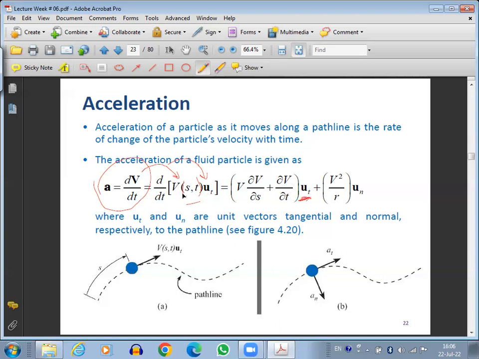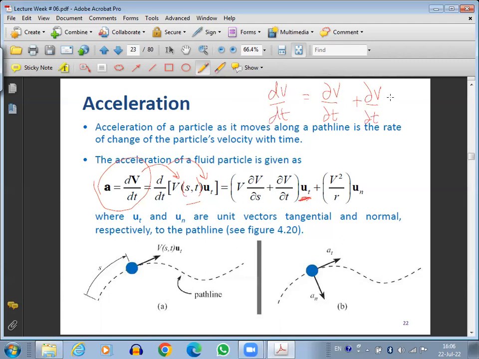There are two terms, ut and v. First take ut constant and take the differential with time of the magnitude. So it should be dv by dt. But we know that v is a function of s and t. So instead of using d, I'm going to use partial derivatives, because there are two factors, right? So I will rather say that it should be ∂v/∂t plus ∂v/∂t.